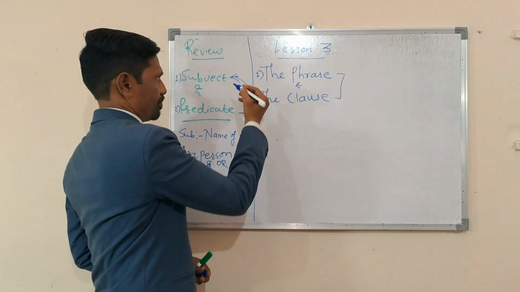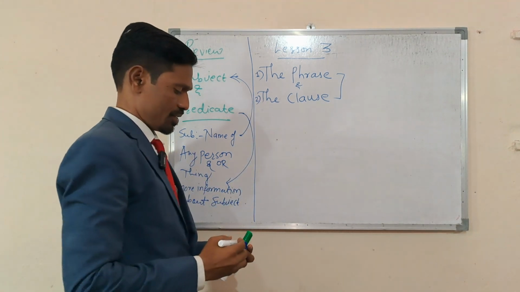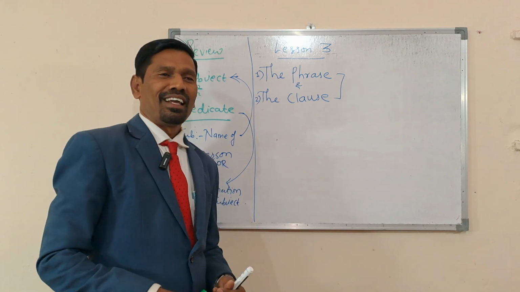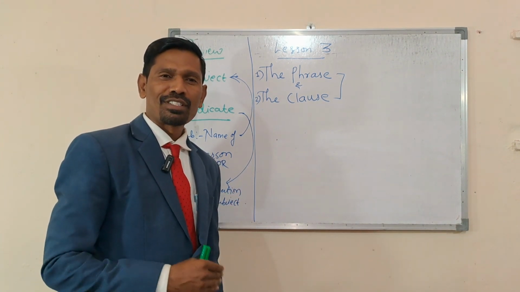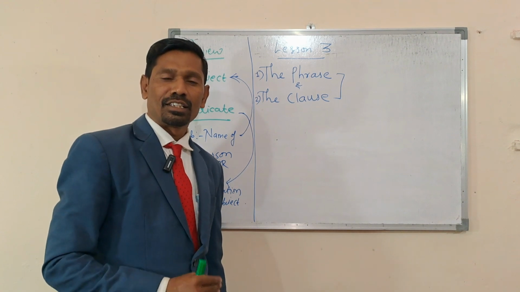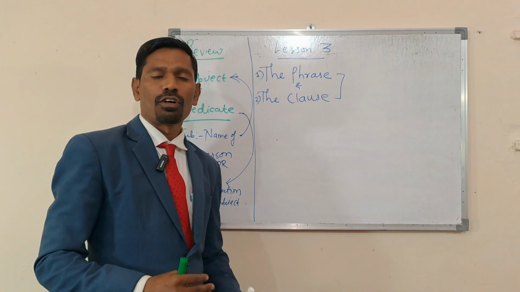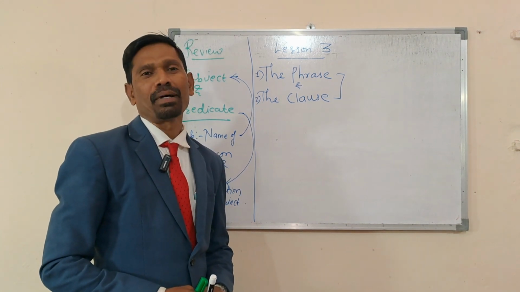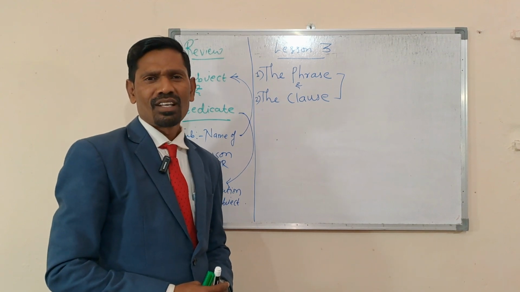Number 1, the phrase. Number 2, the clause. In previous lessons, we studied the concepts with full energy and enthusiasm. The same pattern we are going to apply in lesson number 3.